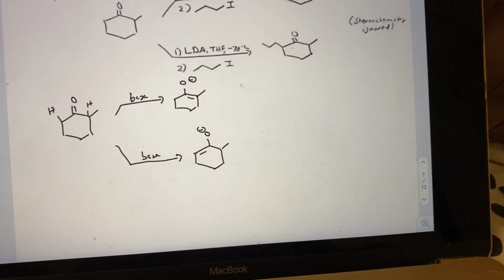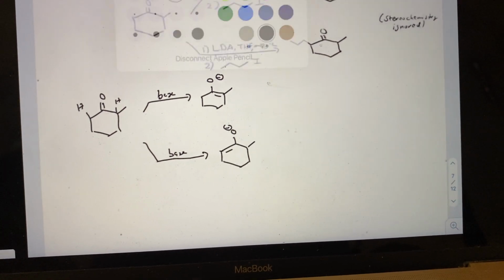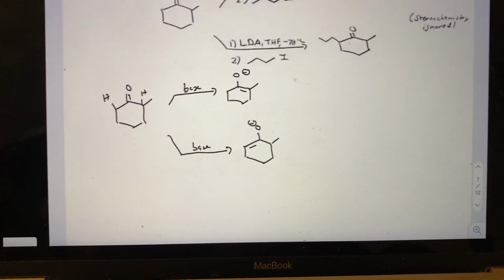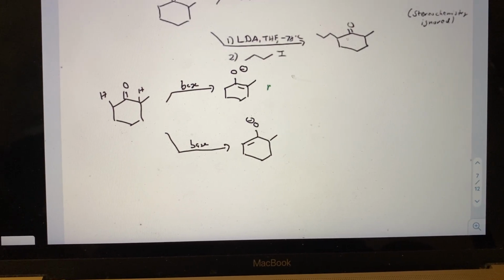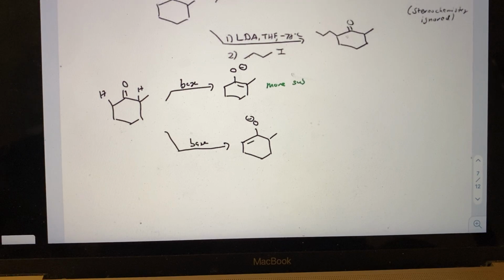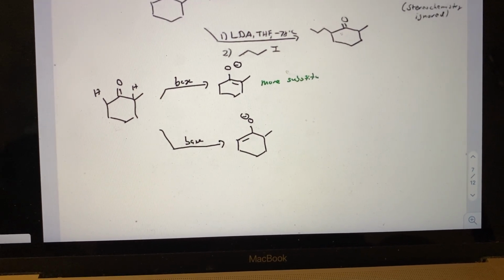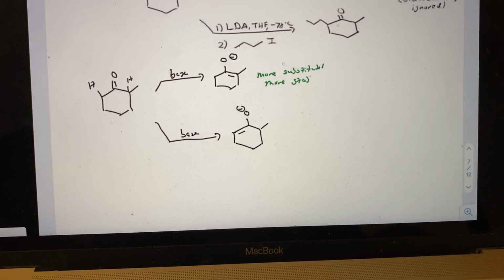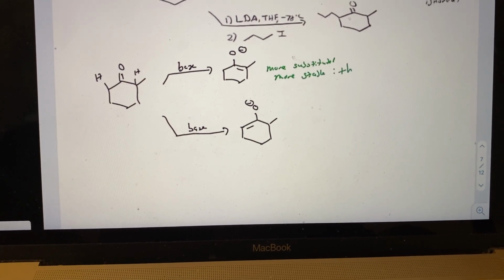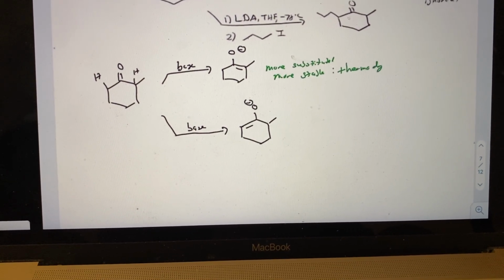Now, in each of these cases, just like in the previous case where we were looking at more or less substituted, this top enolate is the more substituted alkene, which would be the more stable alkene, or the thermodynamic product.